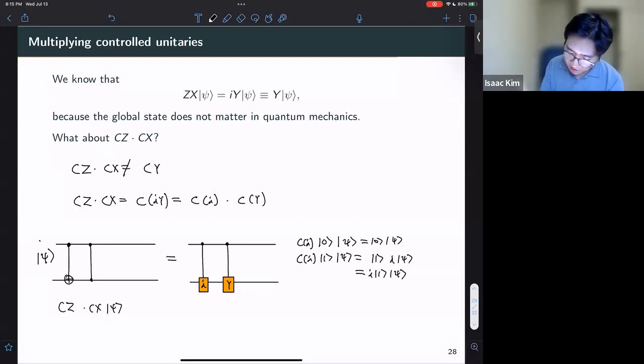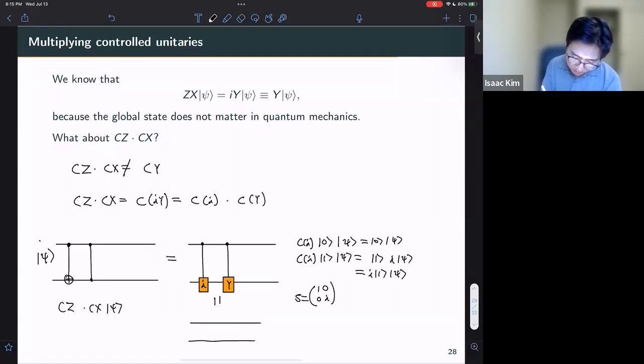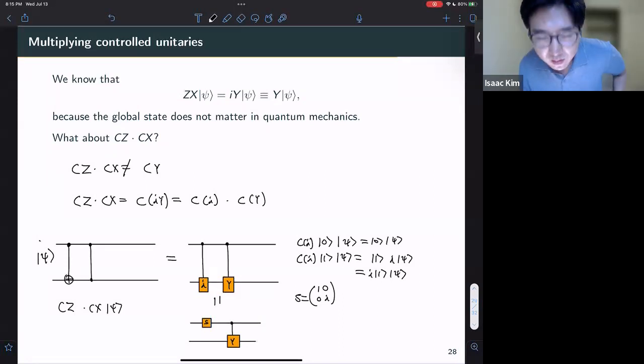So this is really actually equal to applying 1, 0, 0, I to the first qubit. So this is actually equal to that.